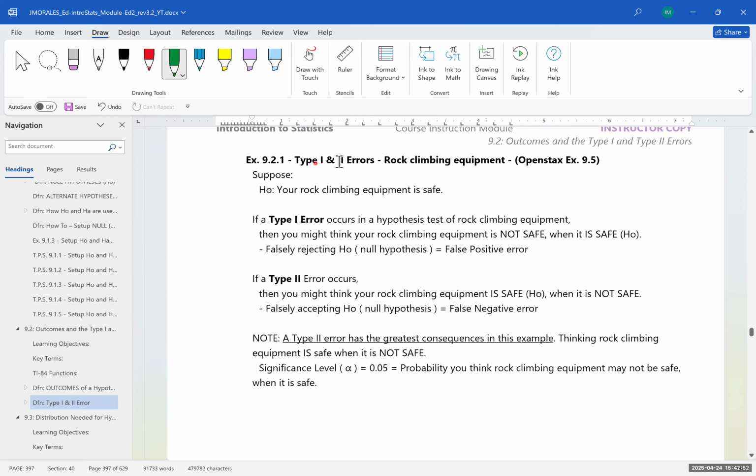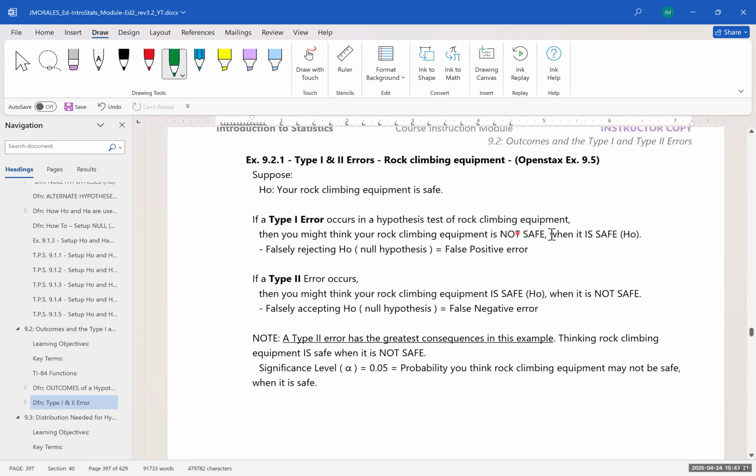An example of a type 1 and type 2 error when it comes to rock climbing equipment would be, suppose the null hypothesis is that your rock climbing equipment is safe. So if a type 1 error occurs in a hypothesis test of rock climbing equipment, then you might think your rock climbing equipment is not safe when it is safe.